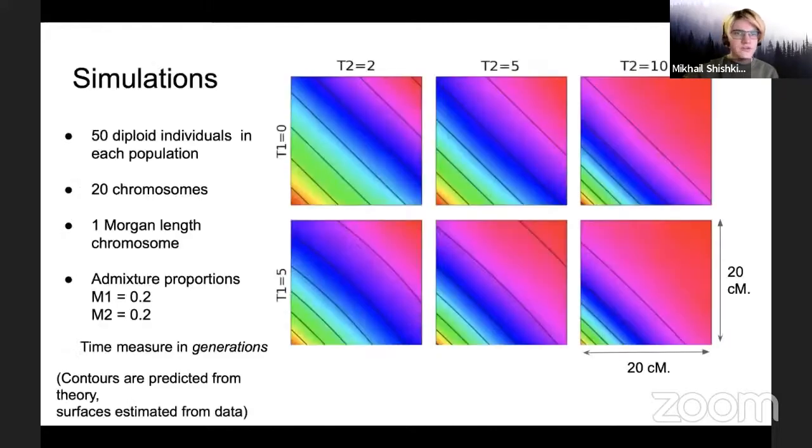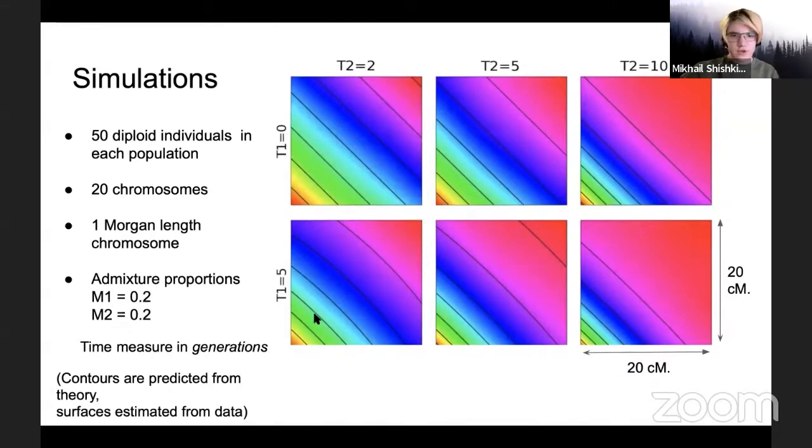Okay, so we did some simulations to validate our method. Here you can see simulations where we have 50 diploid individuals in each population. Each individual carries 20 chromosomes, and each chromosome is 1 Morgan in length. For these simulations, we varied admixture times and fixed admixture proportions.